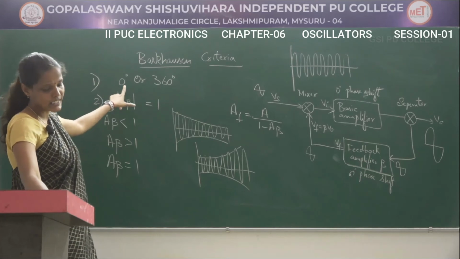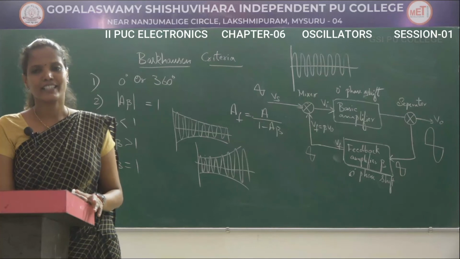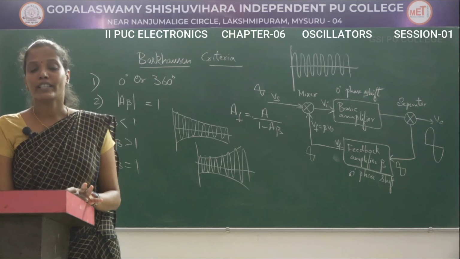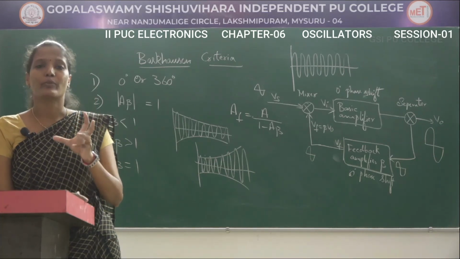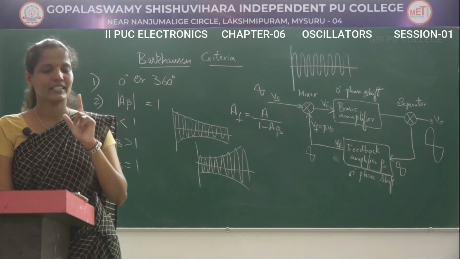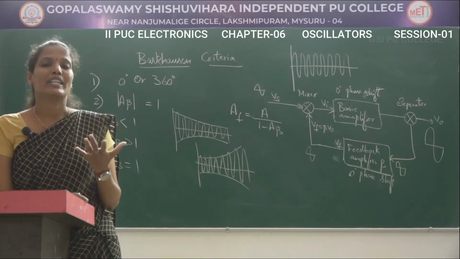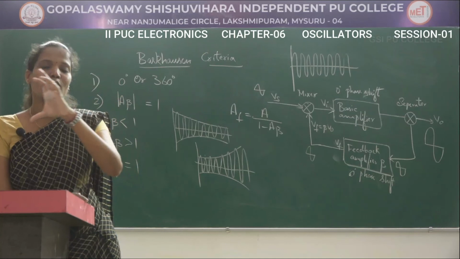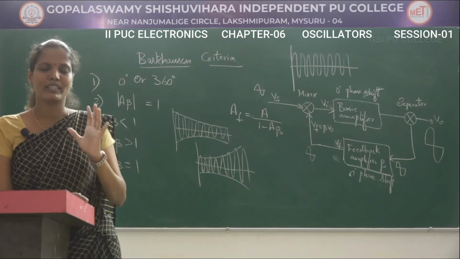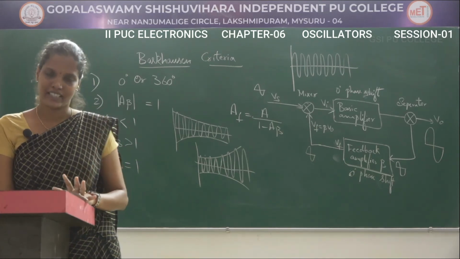The first criterion tells that the overall phase shift of the feedback oscillator circuit must be 0 degree or 360 degree, and the magnitude of the product of the open loop gain and the feedback gain must be equal to unity, that is, equal to 1. If we follow these two criteria, then we can easily generate sustained oscillation, that is, sinusoidal signals with constant amplitude and constant frequency, for that given circuit.